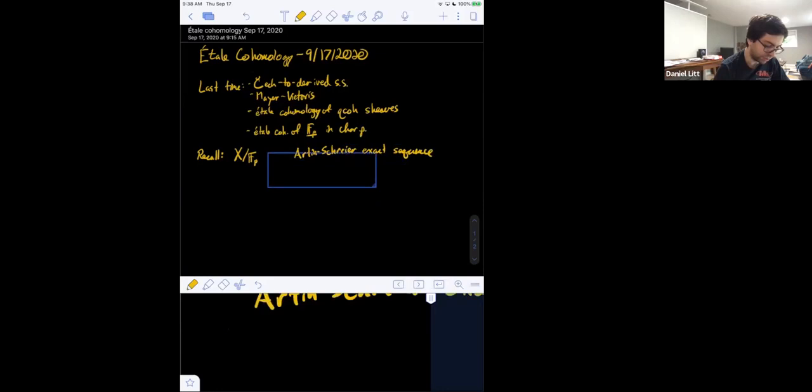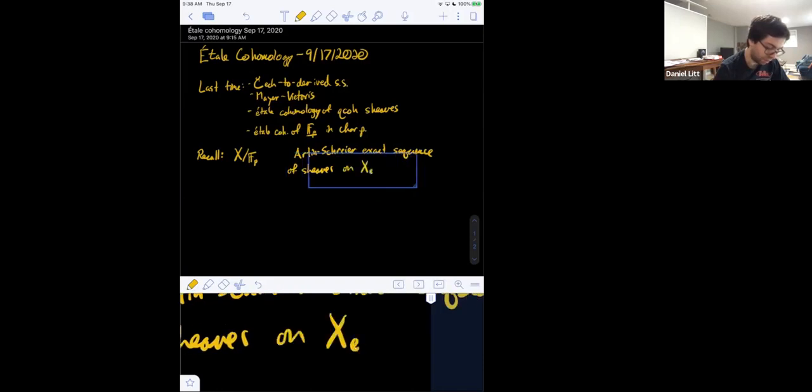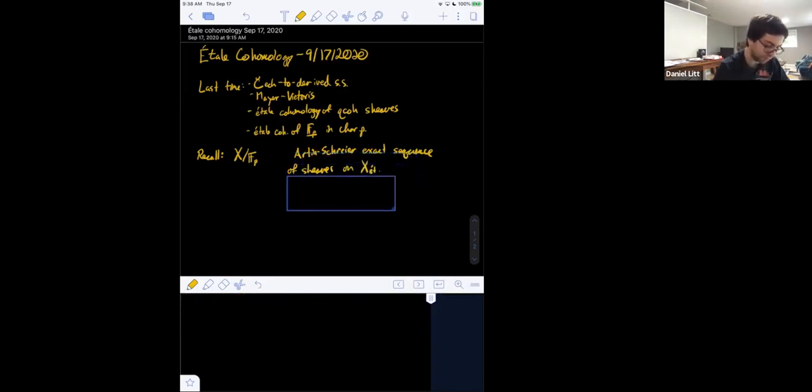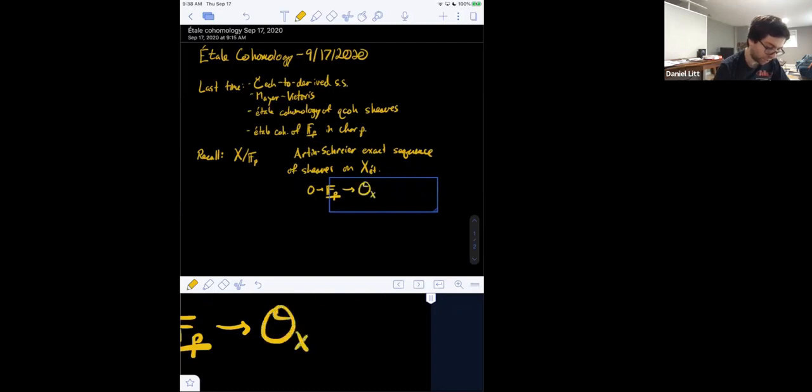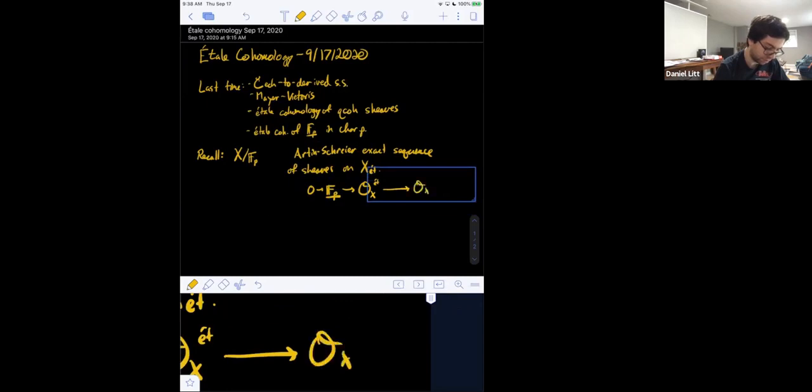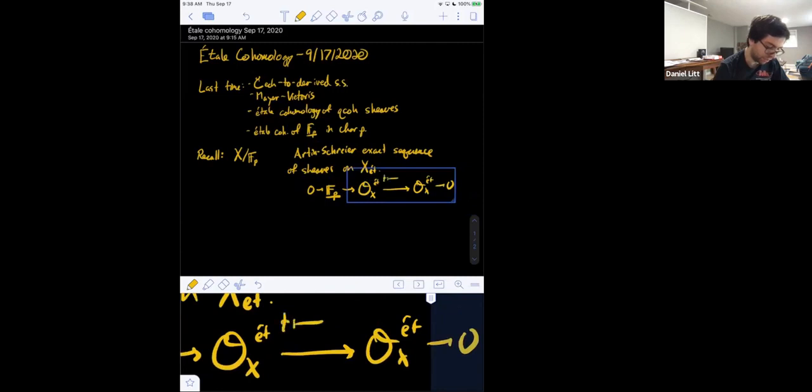So this is an exact sequence of sheaves on X étale, the small étale site, which starts with the constant sheaf F_p and goes to O_X, and then again to O_X. And this map here sends t to t^p minus t, where t is a function. Okay, and you should check that this is actually an additive homomorphism.